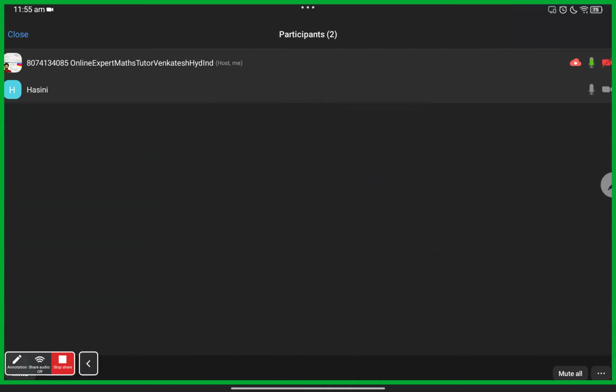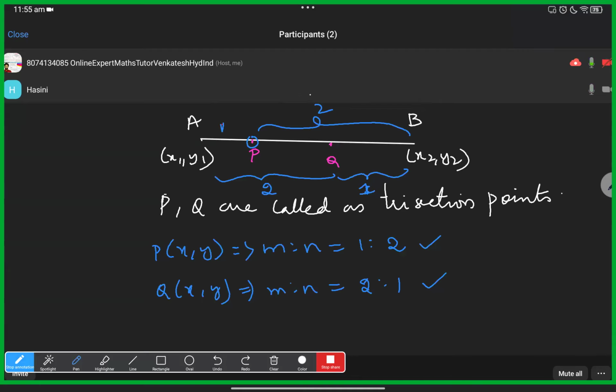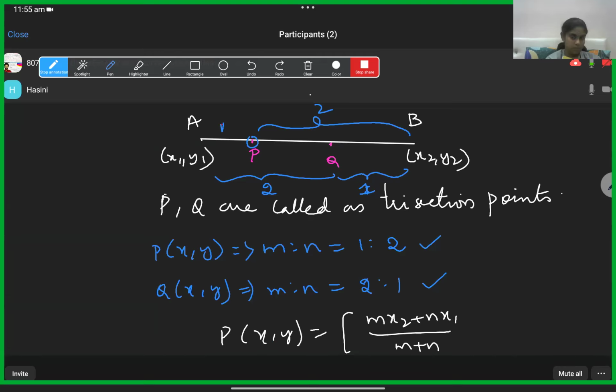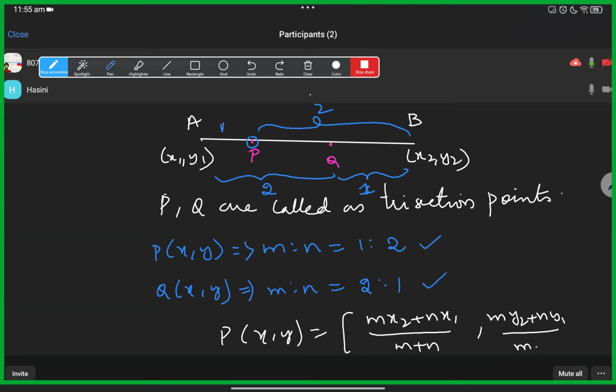So this is about the points of trisection. These are the models in this exercise. The formula we use to find the point P(x, y) in this entire exercise is (mx2 + nx1)/(m + n), (my2 + ny1)/(m + n).